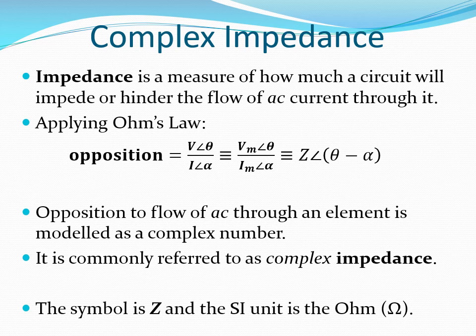This means that opposition to the flow of AC through an element or a circuit is modeled as a complex number. This is the reason why we commonly refer to it as complex impedance. The symbol for impedance is Z and the SI unit is the ohm.